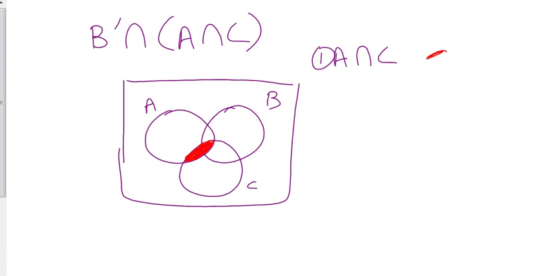Okay, and now we want to intersect that with not B. Okay, which means basically what we want to do then is we're just going to cut out, oops, that middle part. The heck did I draw? Okay, hang on, Control Z. Okay, good.